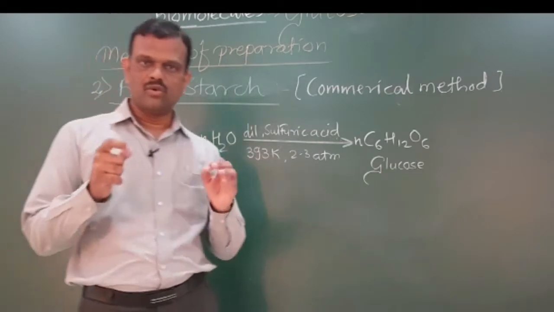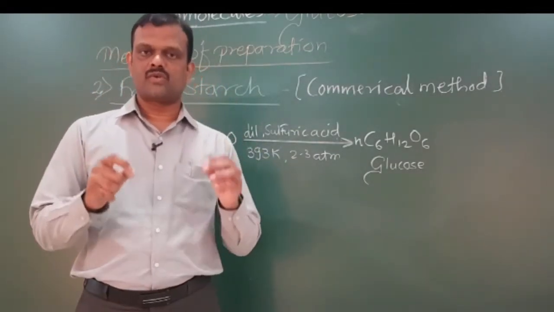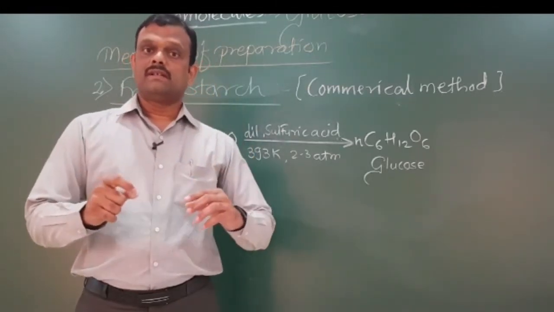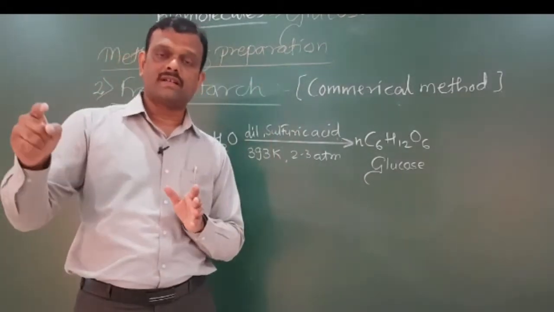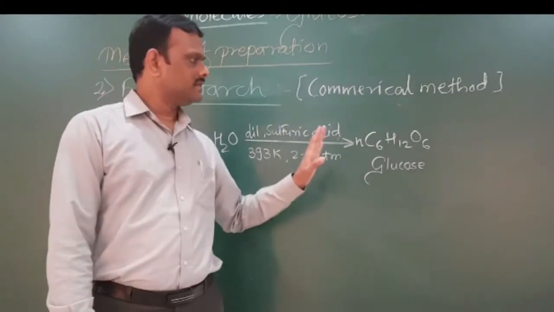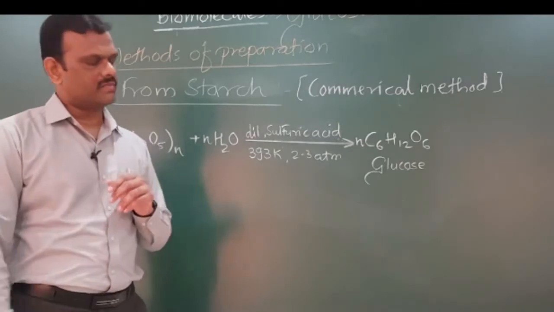As it is a homopolysaccharide, on hydrolysis it produces only glucose molecules, n times. That means no other carbohydrate is formed, only glucose is formed in this reaction. Now this is a commercial or industrial method of preparation.